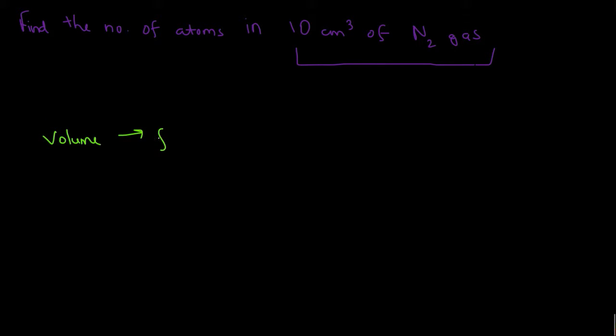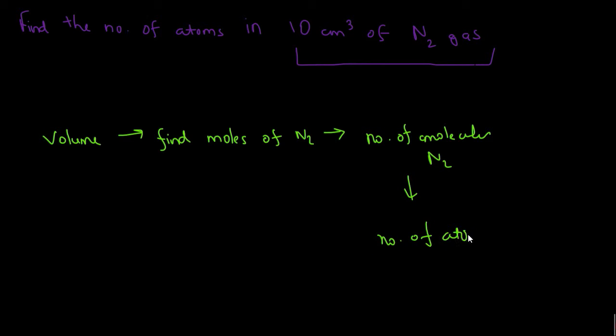We're going to find moles of N2, and from there we're going to find the number of molecules of N2, and from there we'll find the number of atoms of N.